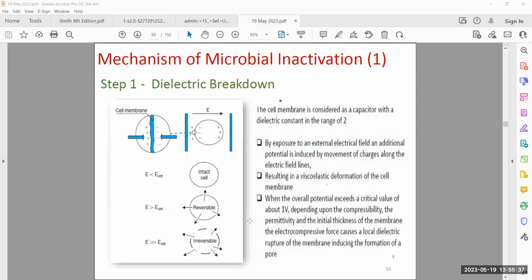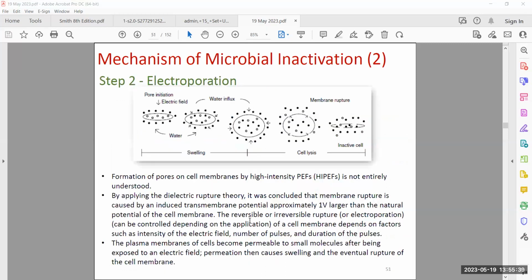Another mechanism of microbial inactivation is what we call electroporation.